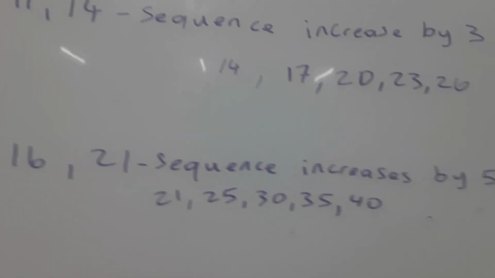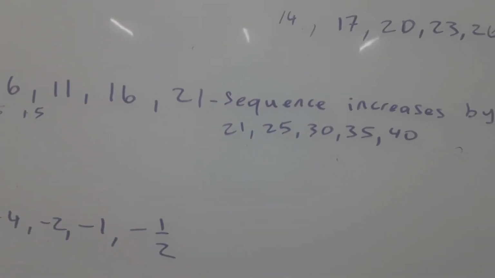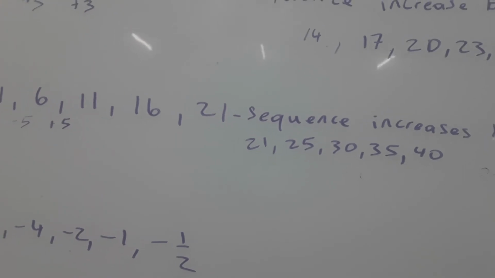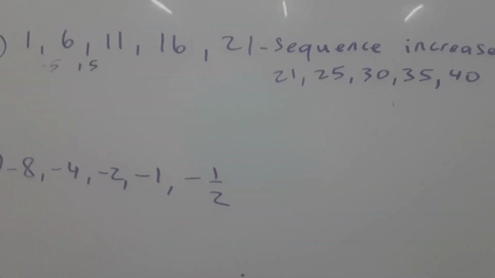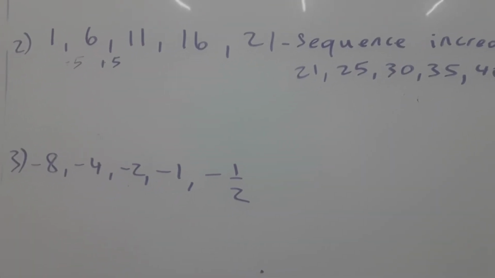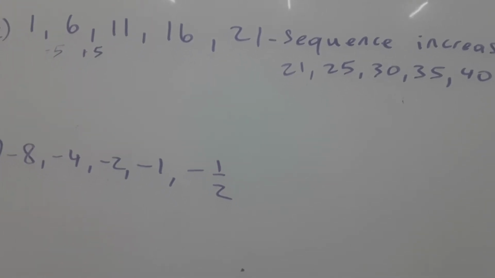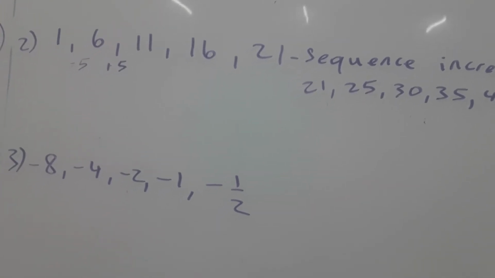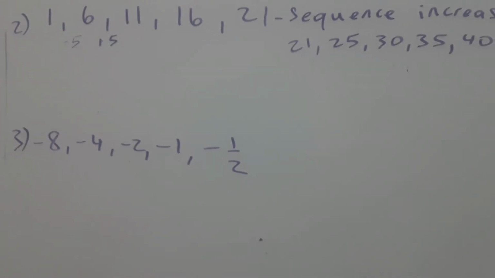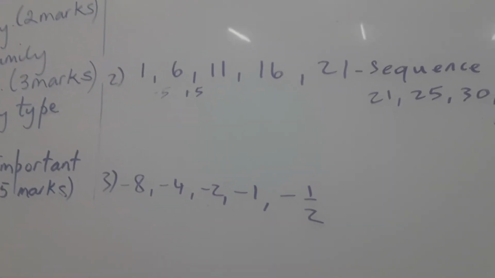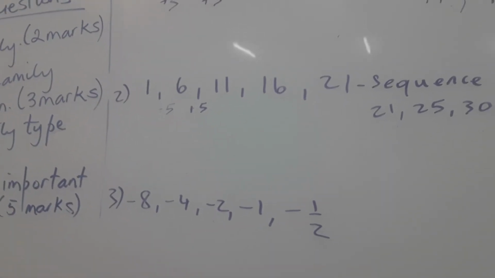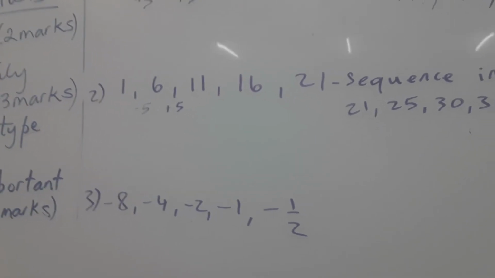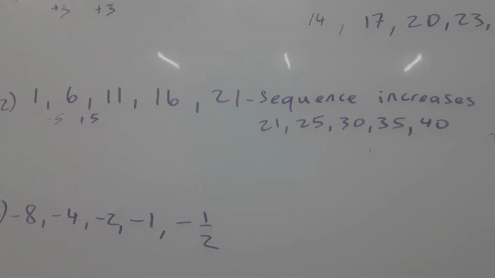All right, so we are now going to look at our last example, which is -8, -4, -2, and -1. What can we say about that sequence? Based on the value of the numbers, we see 8, then a 4, then a 2, then a 1. So the numbers are decreasing.